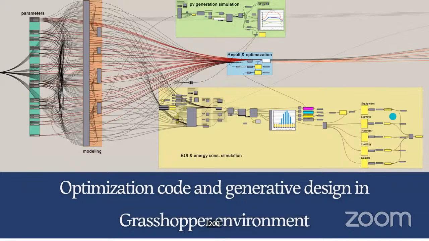And here we have the main code for multi-objective optimization and the selection of sections for energy consumption simulation, energy production here, and other indicators like CO2 emissions.